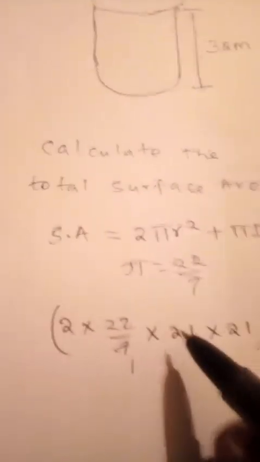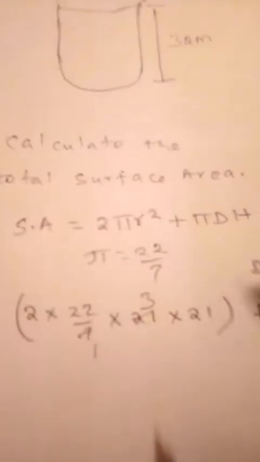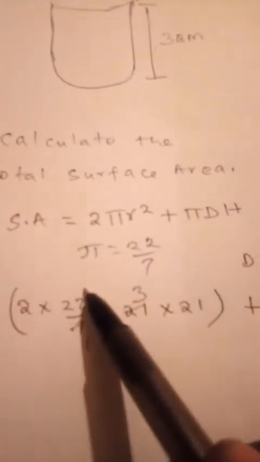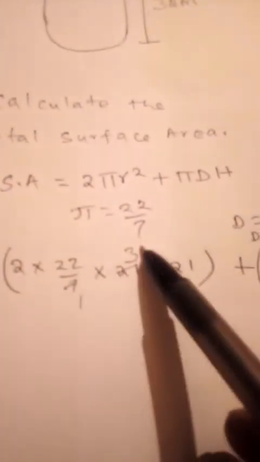So we have 7 here, we cancel, 7 cancels, 21 is 3. So it is 2 times 22 is 44, times 3 is 132, times 21.